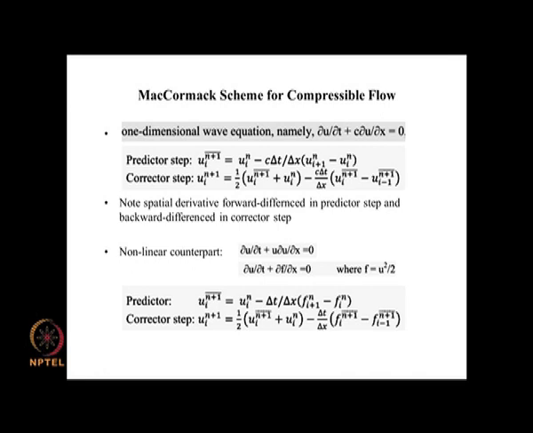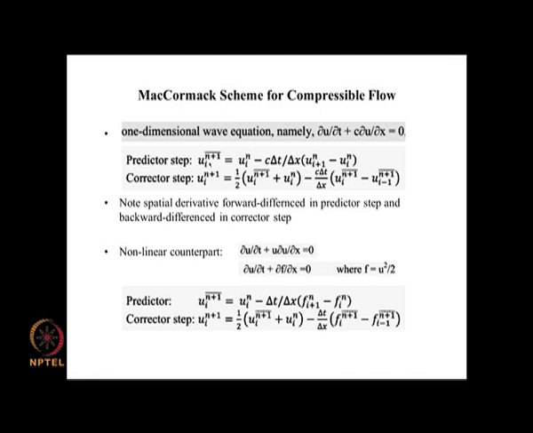So, for this particular equation, the MacCormack method solves it in a two-step process, as a predictor step and as a corrector step. We have seen the FTBS, FTCS, those kind of approximations for this, but this is a more advanced method which will actually help us deal with the nonlinearity when we extend it to the real case.